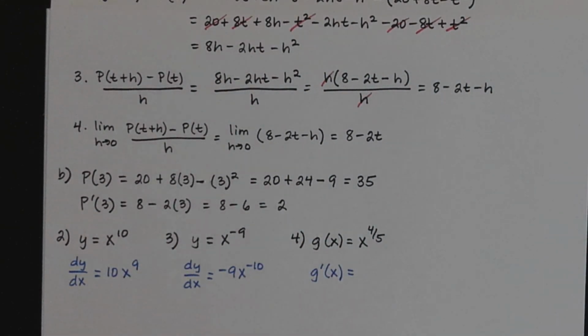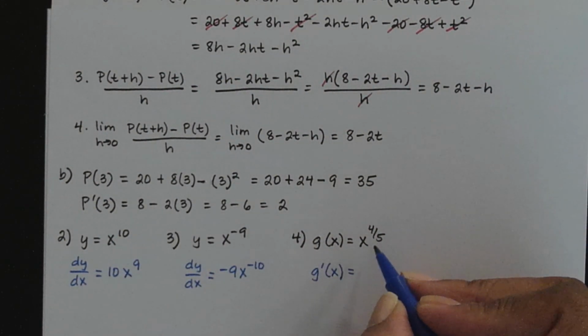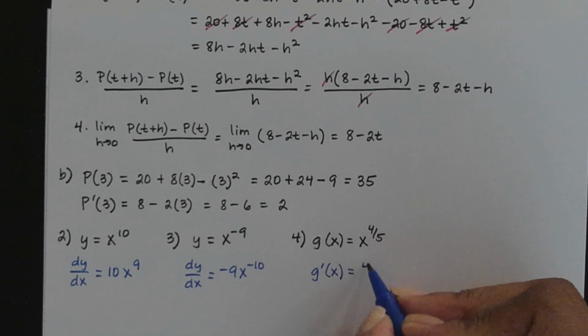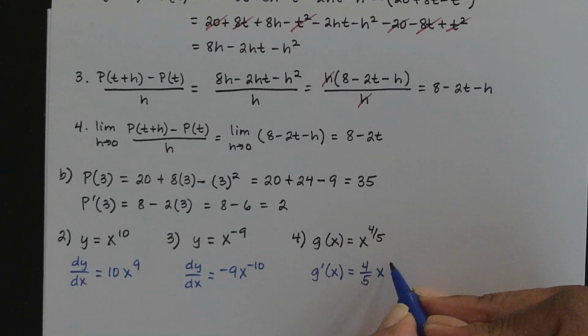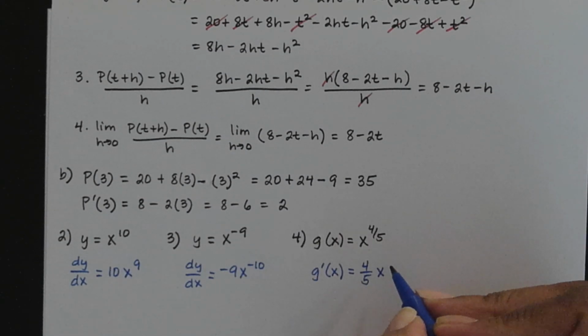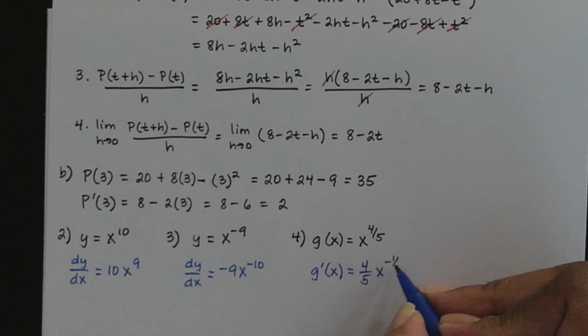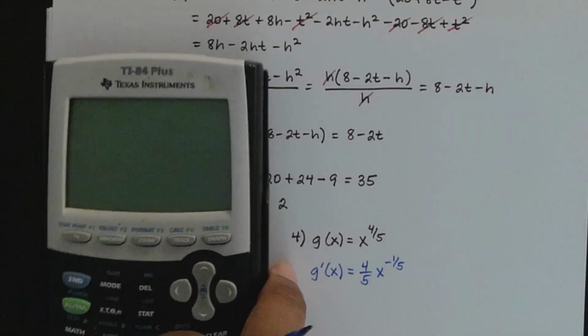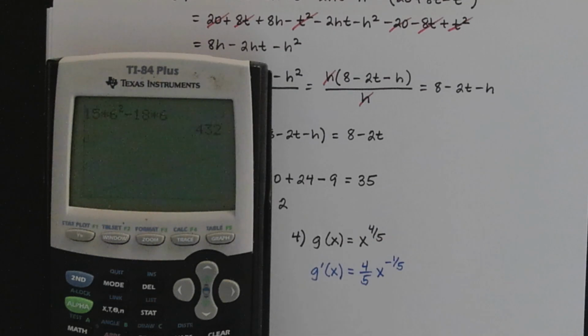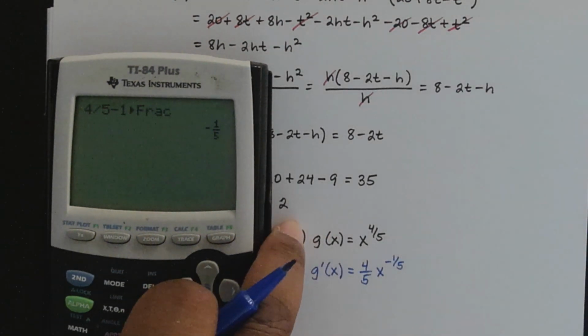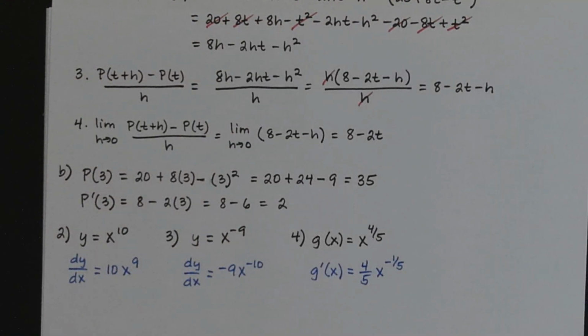What would that be? 4/5 x to the... or wait, it's to the 1 less, negative 1/5, because you got to do 4/5 minus 1. And if you need to, you can do this in the calculator by doing, let's say, clear this out, 4 divided by 5, and then minus 1. Hit the math key, and then number 1. That'll give you the negative 1/5. So you have 4/5 x to the negative 1/5.